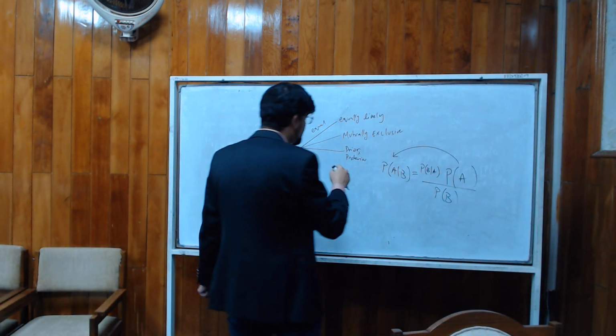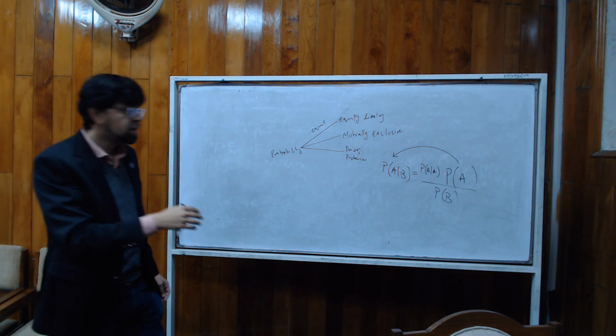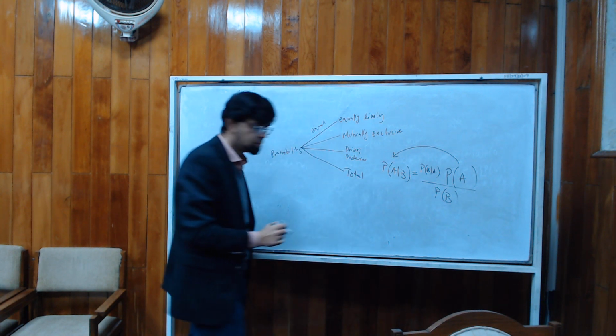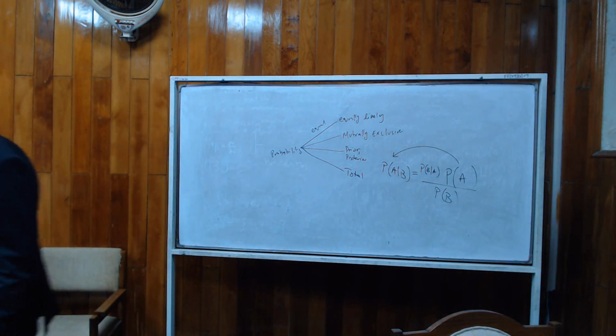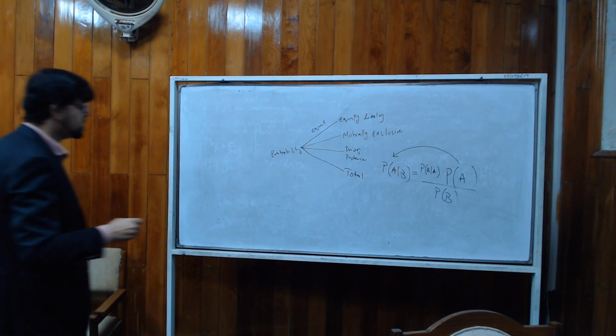So this was again related to probabilities. The last one, as you already said, was the total one. Total probability is basically, as I showed you last time with the example of playing matches, you just put all the mutually exclusive possibilities and sum them up, and that turns out to be total probability.